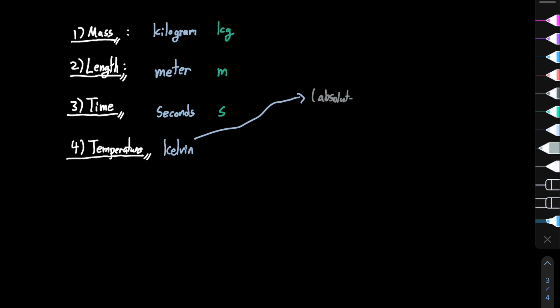And the reason it's called the absolute temperature is because there cannot be a negative integer in front of Kelvin. So there cannot be -1 Kelvin. The smallest unit of temperature that we can measure by using Kelvin is 0 Kelvin. So that's why it's called the absolute temperature. And Kelvin is abbreviated by the letter K.